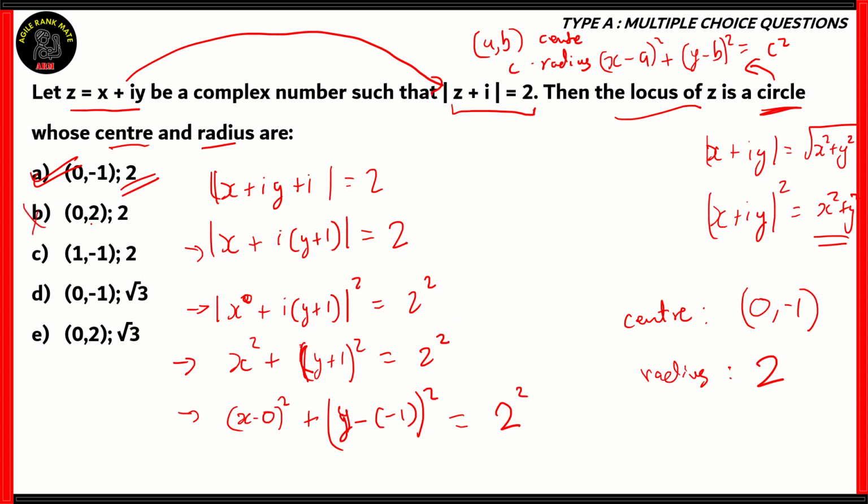Option B is incorrect because the center's coordinates differ. Option C is incorrect because the center's coordinates differ. Option D is incorrect because the radius differs. And option E is incorrect because both the center and the radius differ from the value that we've just calculated. So therefore, option A, 0, minus 1, and 2 is the right answer.